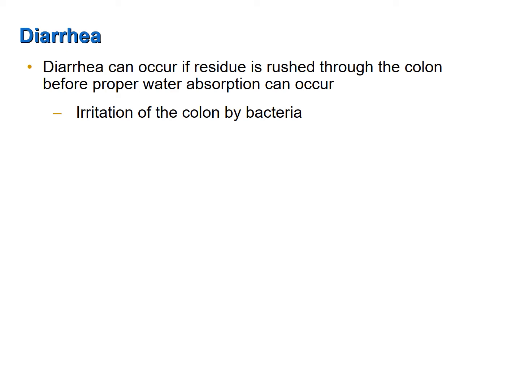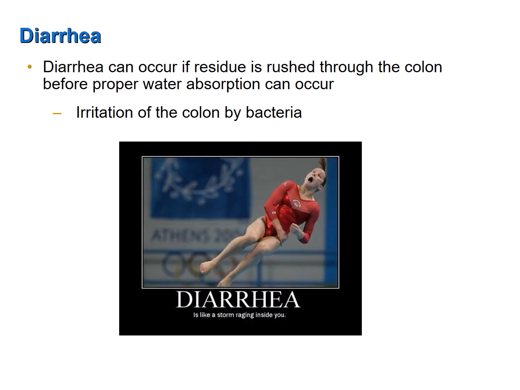Well, irritation of the colon by pathogenic bacteria or toxins produced by the pathogenic bacteria can cause this to occur, such as might happen with food poisoning or the infection of the GI tract by a virus. The high water content of the residue and feces can cause the colon to produce sounds which are audible, and it can also cause spasming of the smooth muscles of the colon.